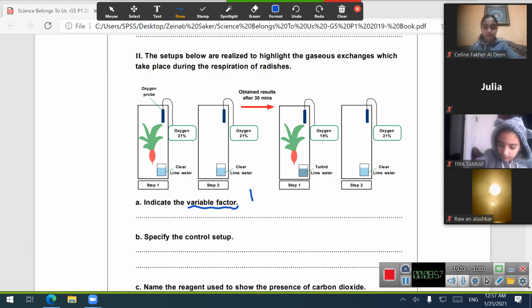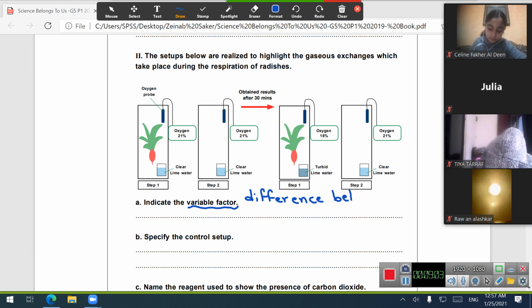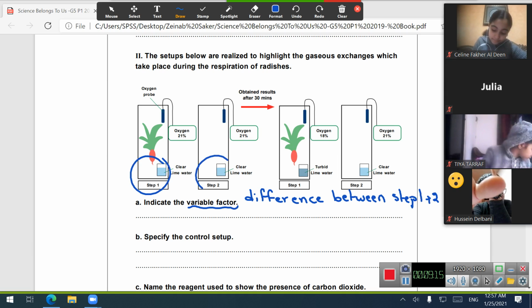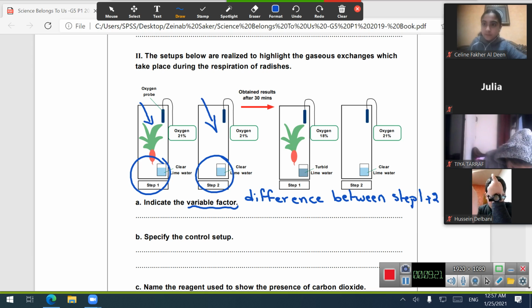Variable factor means the difference between step 1 and step 2. Look at step 1, look at step 2 again. What is found in step 1 and isn't found in step 2?